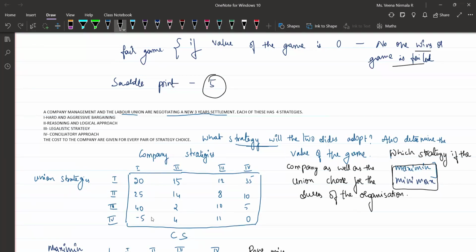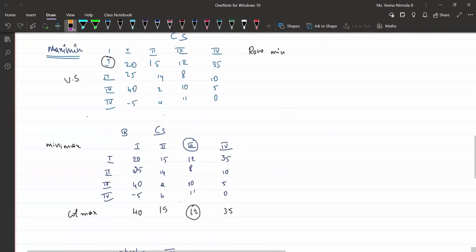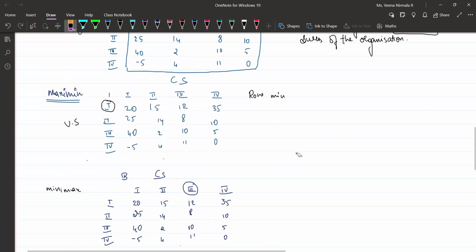Which strategy, if the company or the union chooses, will reach the success? For any problem given, any table given, you rewrite the table, and I will tell you what to choose according to each strategy.